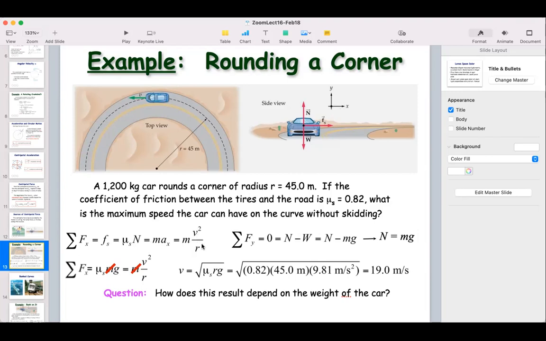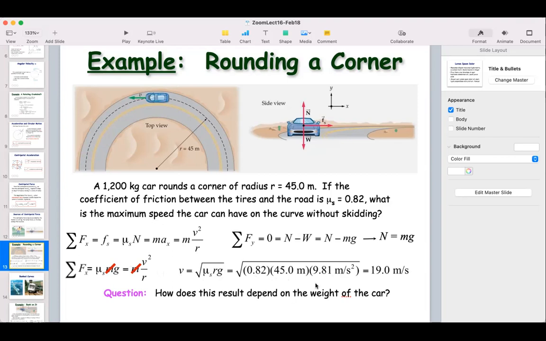And so if you put this in, the normal force, which we found before, is mg. So we have mu s mg is equal to m v squared divided by r. I remove the mass because it's everywhere. And now it was asking for the maximum speed. So I just found the velocity as the square root of mu s r g.